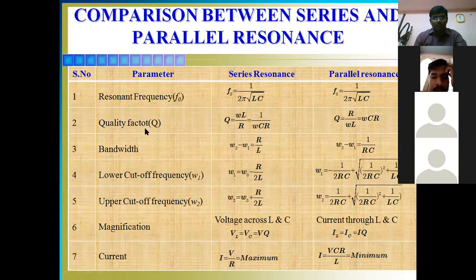Whereas the quality factor Q, for series, is omega L by R or 1 by omega CR, which is here R by omega L and omega CR. This is the reciprocal of the series resonance. The bandwidth is R by L here, and here it is 1 by RC.